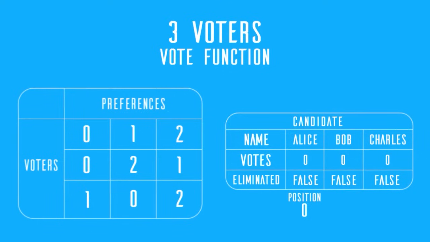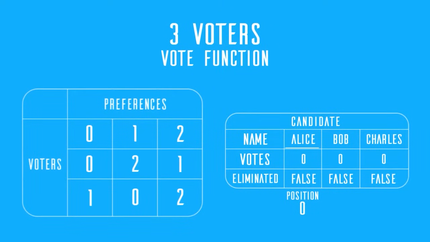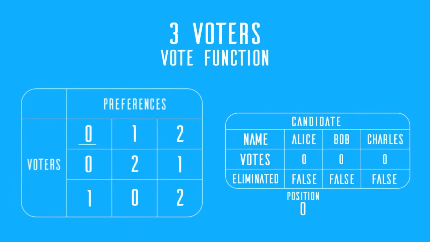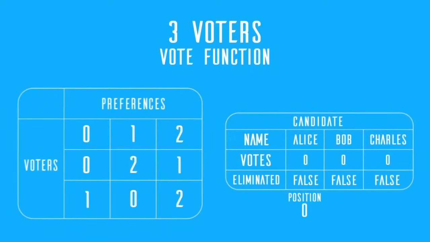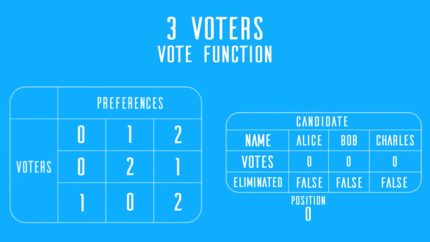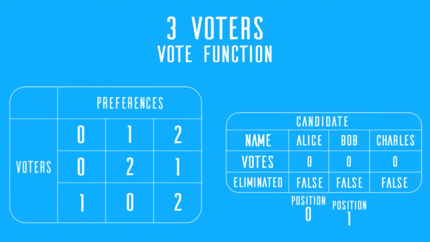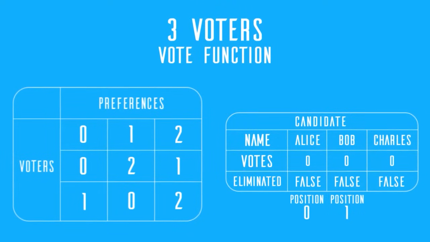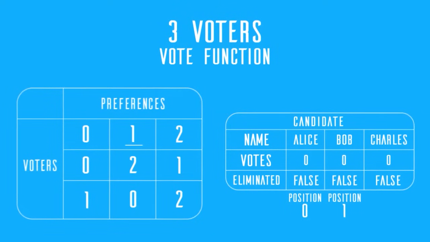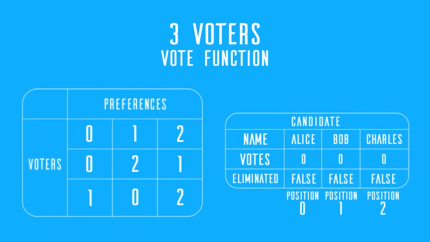It's 0, okay? So in preferences, instead of having the name Alice, we're gonna store the number 0, all right? For Bob, we're gonna get the index of Bob in the candidates array, and we're gonna store it in our preferences. Here, Bob has number 1, so in preferences, we're gonna populate number 1. And we're gonna do this so on and so forth, all right, until we have all the preferences populated.